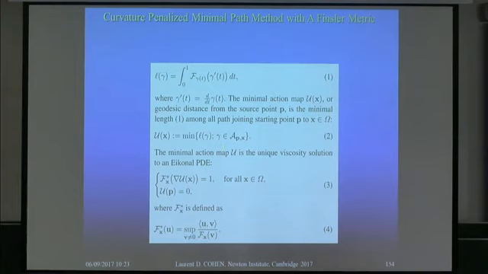And then the general formulation of the eikonal equation satisfied by this is F_x star of gradient u equals 1, where F_x star is defined as the conjugate transform here. And this is a general eikonal equation.